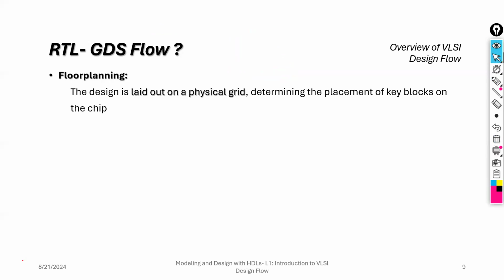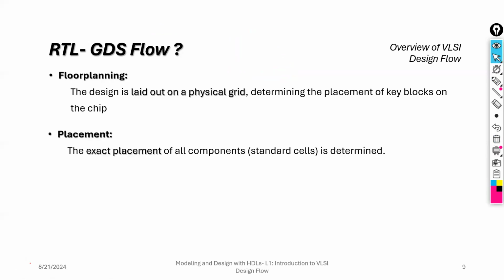The next one is placement. Placement is the next step. It is actually the exact placement of the cells. For example, you are using in the RTL code an AND gate, G1, with Y, A, comma B. So in the technology library, there is an AND gate, right?